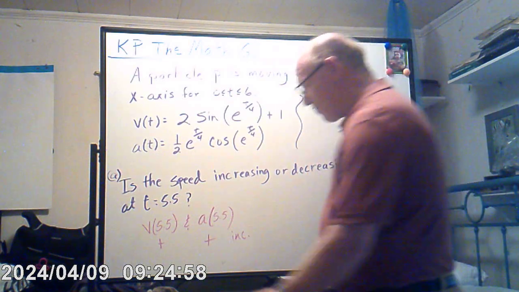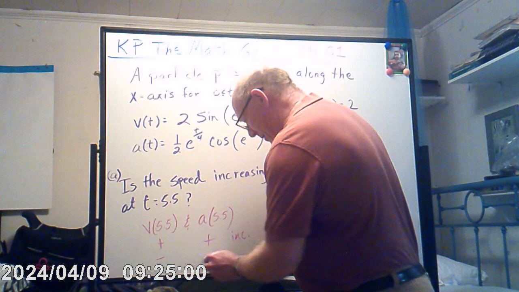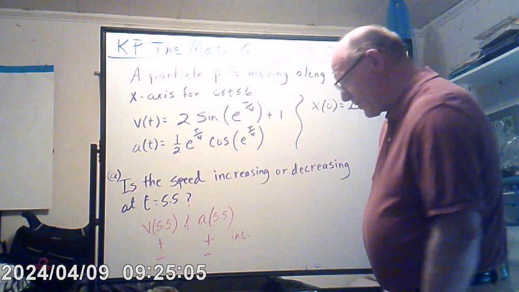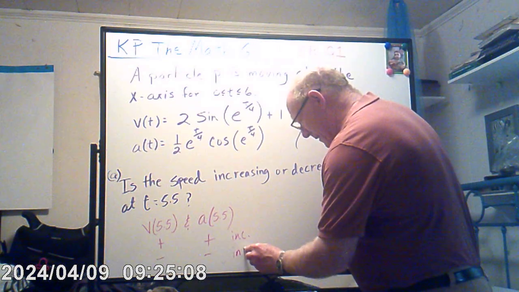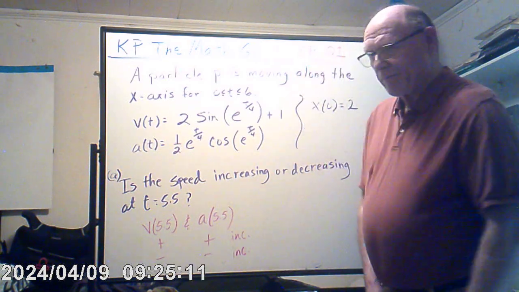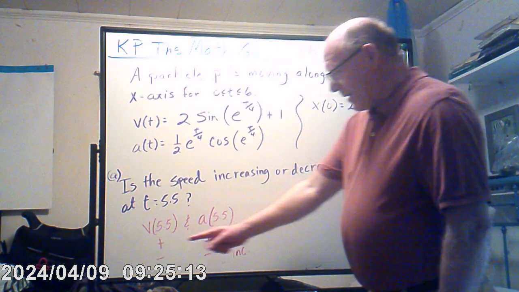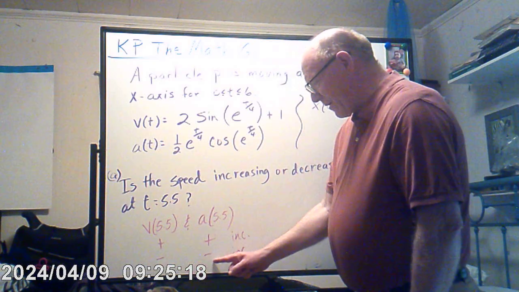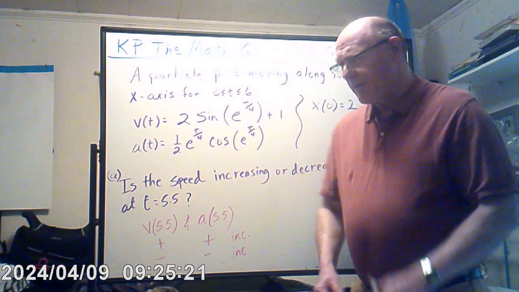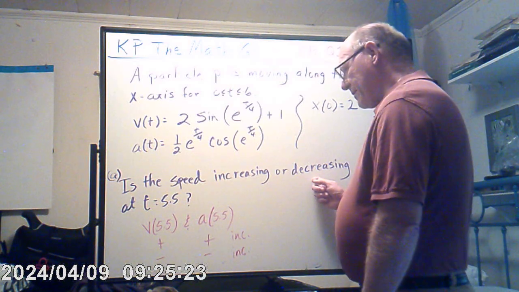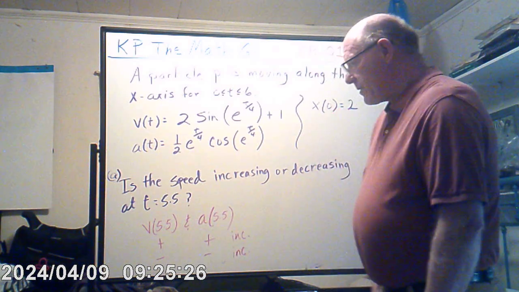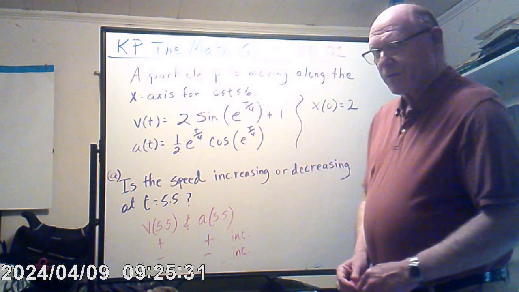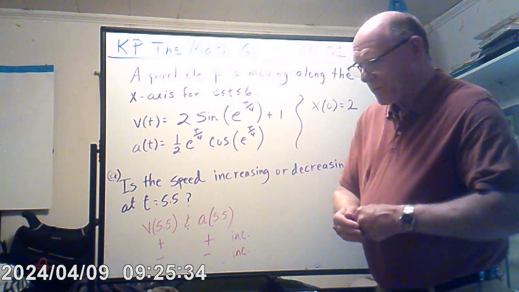If both V and A are negative, so they have the same signs, that would be increasing. If the velocity is positive and the acceleration is negative, or if the velocity is negative and the acceleration is positive, if those signs differ, then the speed is decreasing. You already have the functions for V and for A. All you have to do is plug those in.